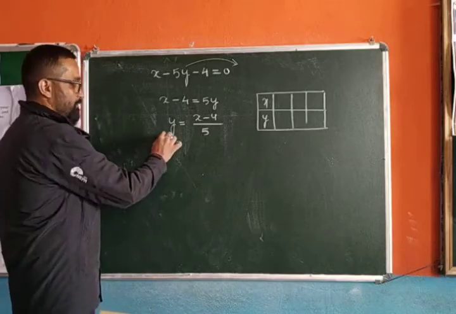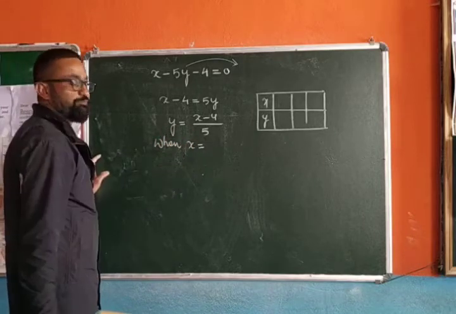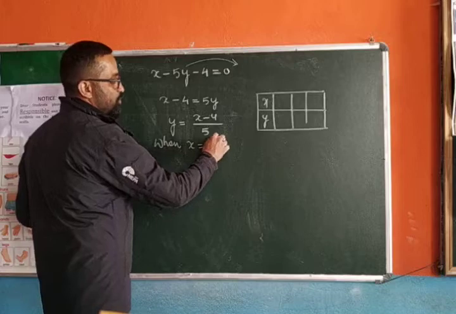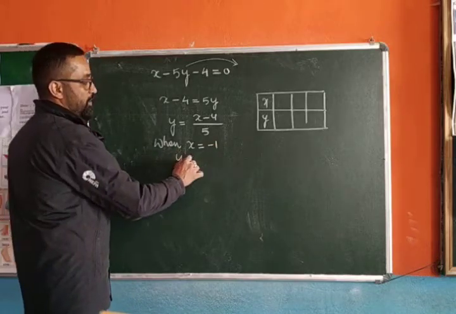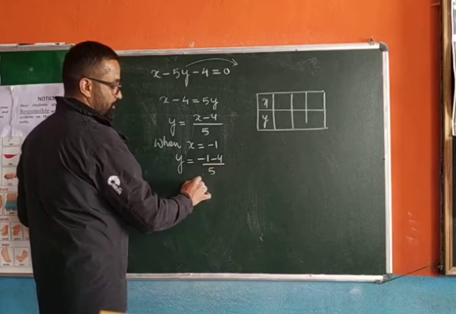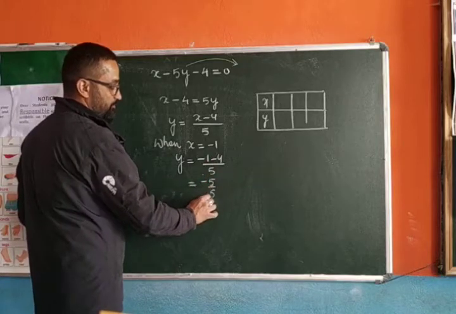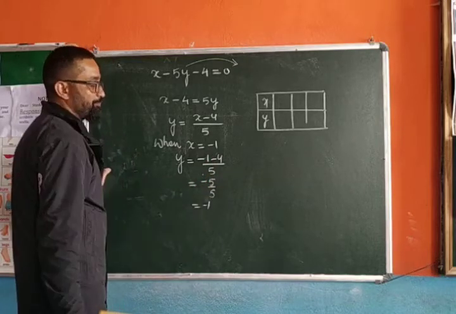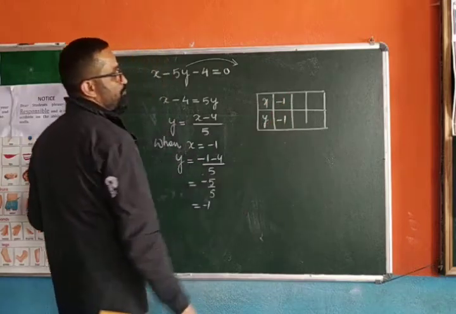So we assume x is equal to, take it as minus 1. Look at the calculation. y is equal to (minus 1 minus 4) divided by 5. Minus 1 minus 4 is minus 5, divided by 5 comes to minus 1. So when I take x as minus 1, y also comes to minus 1.